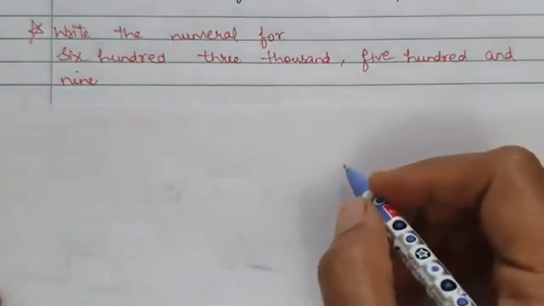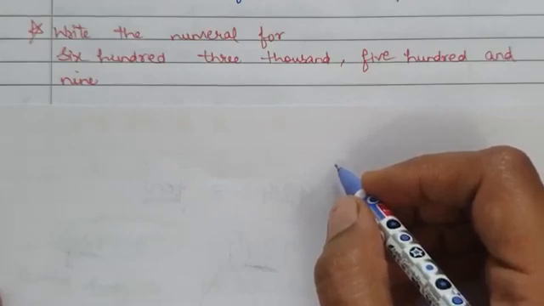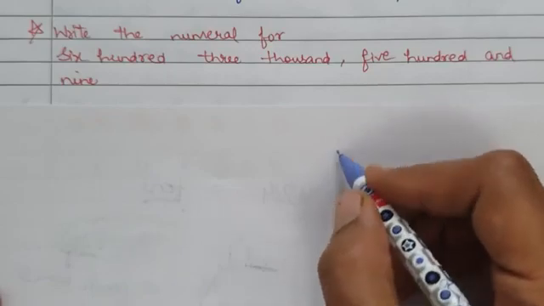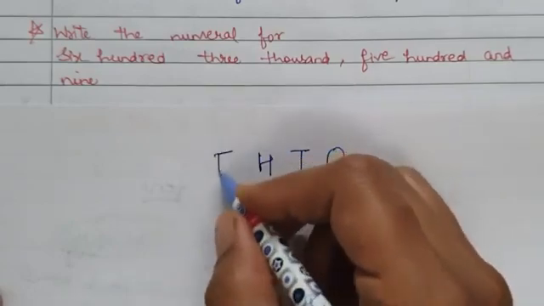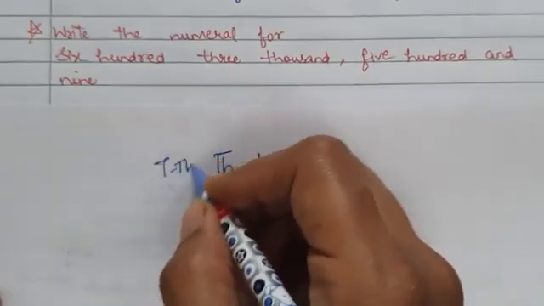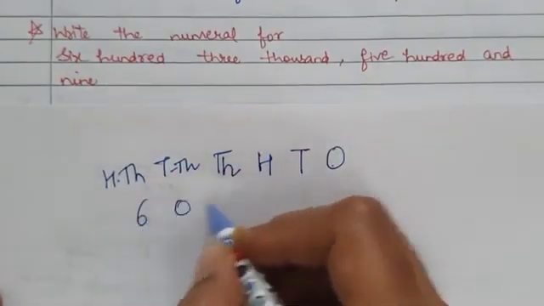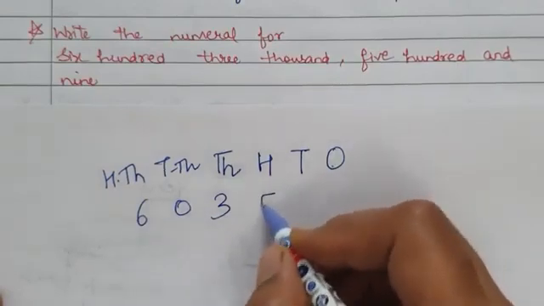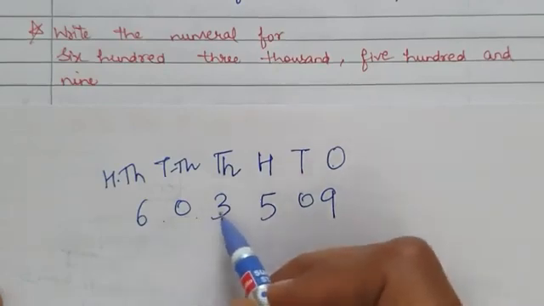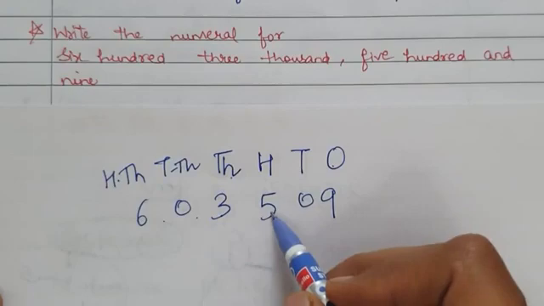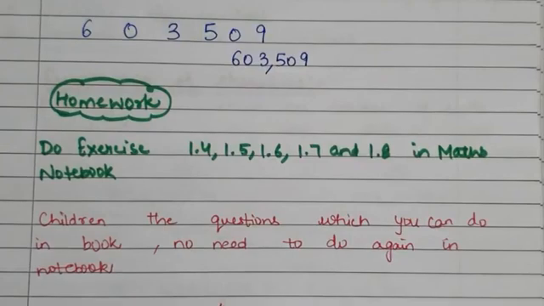First of all, whenever you write the numeral form, we will write the places first: ones, tens, 100, 1000, 10,000, then 100,000. Clear? Now 603,509. Clear?